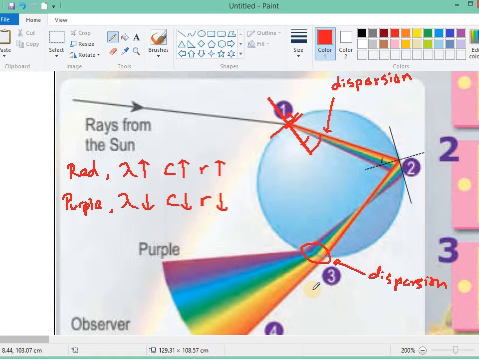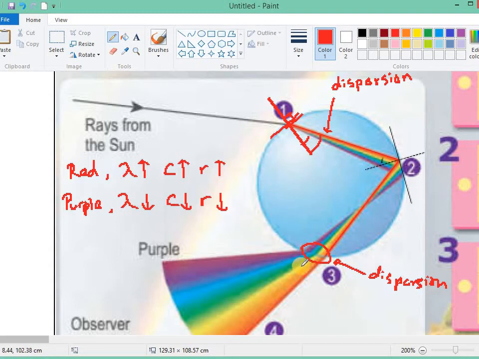Purple, when go into the water, just now, it slow down more. So that means when it come out, it will become faster, more. Okay, the changes in the speed of light will be greater compared to red light. Red light only change a little bit, so the change in direction is not much. But for purple light, because the change in the speed of light is more, so that means it will be able to bend more. The refraction of purple light will be more.